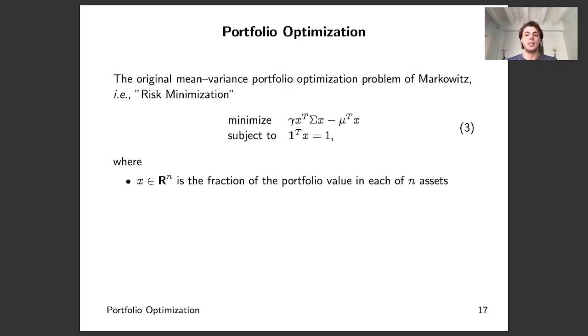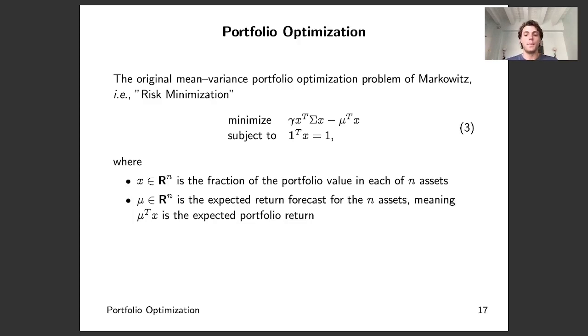It takes the following form, where the decision variable represents the fraction of the portfolio value that is in each of n assets. And so we require the constraint here that they sum to 1. Note that negative values are allowed, and that would indicate that we're taking a short position on that asset.